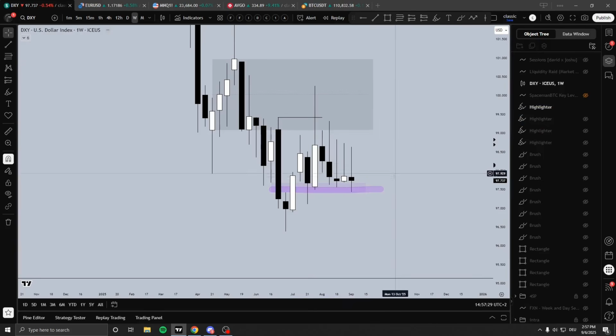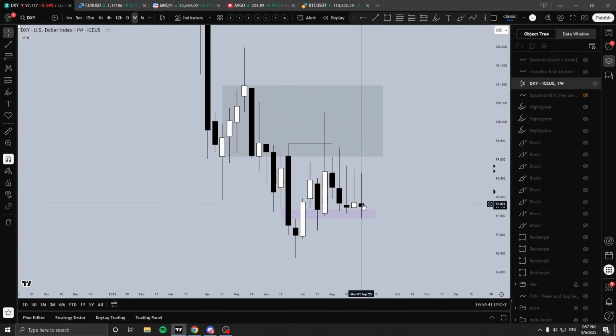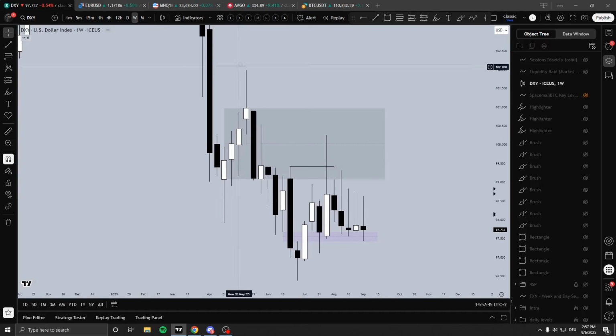As long as we don't close either below down here or above this bearish OB, we are in trapped order flow. If we close below, we can expect a run into that low and potentially even into lower sell side targets. If we close at least above the middle of this bearish OB, we can expect a run to this high. And that's how you can then set your buys for the coming weeks.